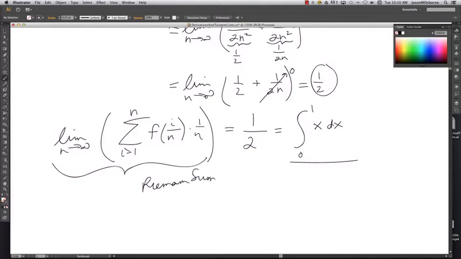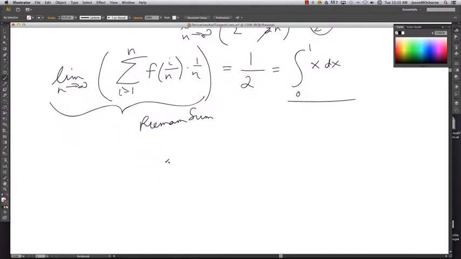And you can then make the definition that if you had the integral of a function f of x dx from a to b, so the interval I here is the x interval a to b, that this would be the limit as n goes to infinity, and this would be a definition.